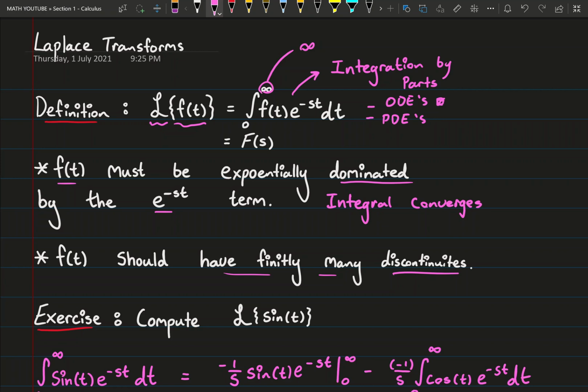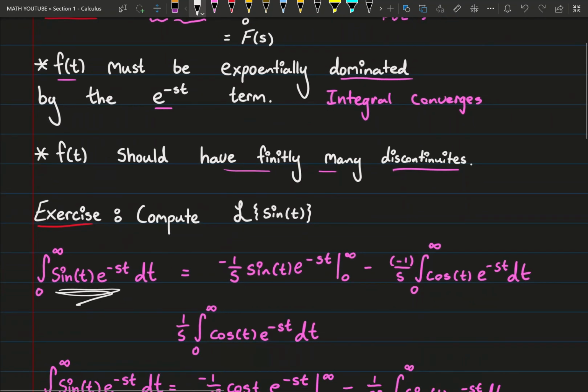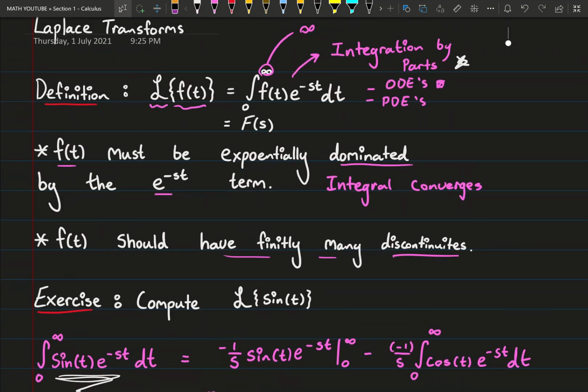So we cannot actually find a Laplace transform for that function. One of the ways that you'll likely compute a Laplace transform from the definition is via integration by parts. You should know integration by parts if you are studying Laplace transforms. It was in Calculus 1 or Calculus 2 depending on where you are studying.